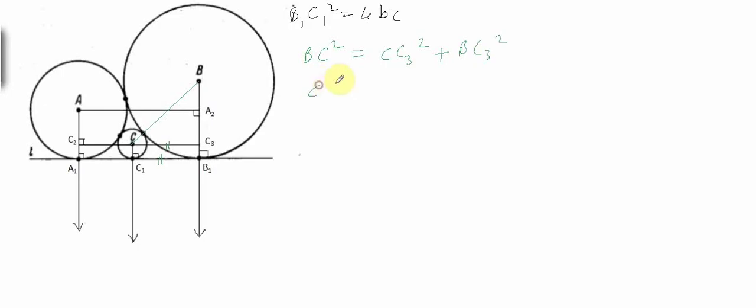And from this we have CC3 squared is equal to BC square minus BC3 square, and CC3 square is nothing but C1 B1 square or B1 C1 square.